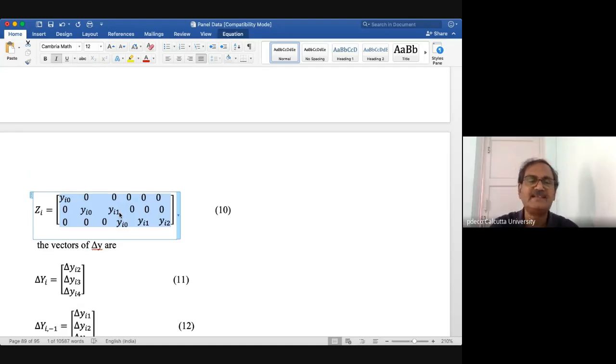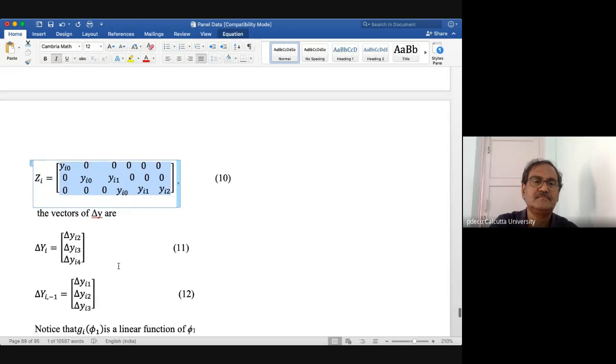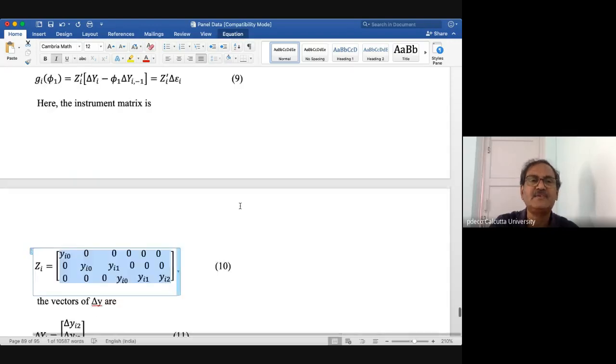This matrix is called the matrix of instruments. By taking all instruments, you get this matrix Z. And you define similarly delta yi minus 1 used in this expression.